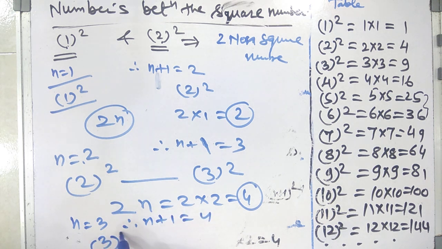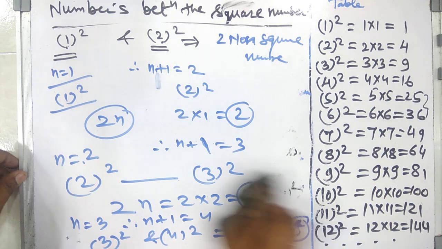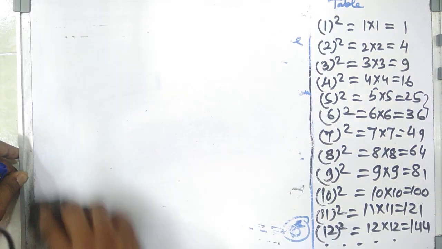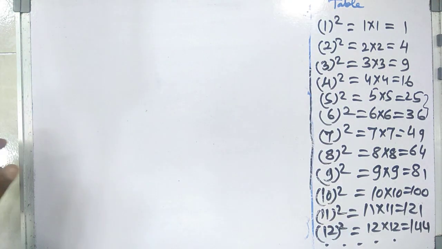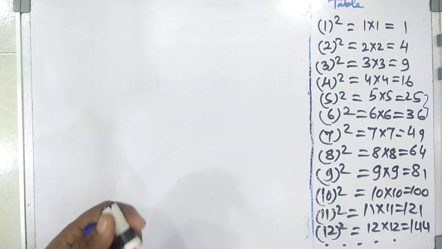It means in between 3 square and 4 square, 2n, 2 into 3, 6 non-square numbers. So this is the formula, students. What is the formula? In general, we say that there are 2n non-perfect square numbers. So numbers between 2 perfect square numbers is equal to 2n.